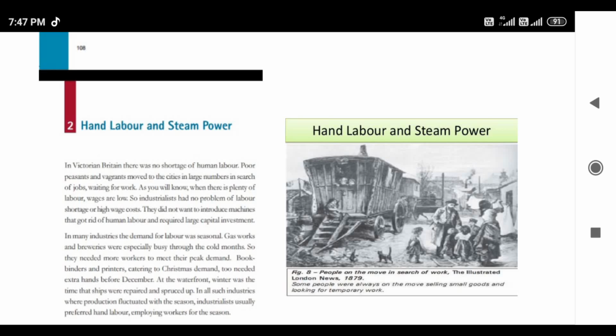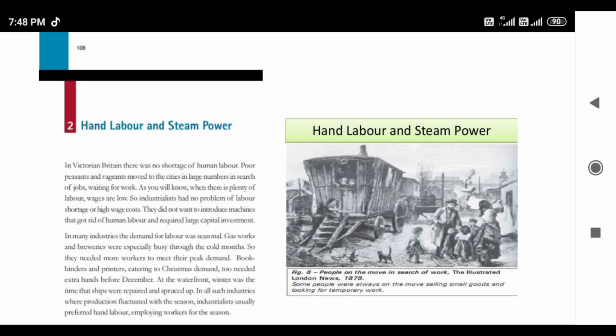My dear students, I will recapitulate some important points of the topic so that you can understand clearly. Some industrialists in the 19th century preferred hand labor over machines. Why? It was because of some important reasons.